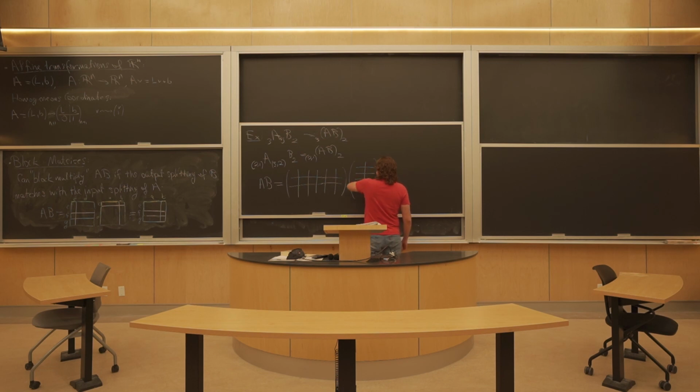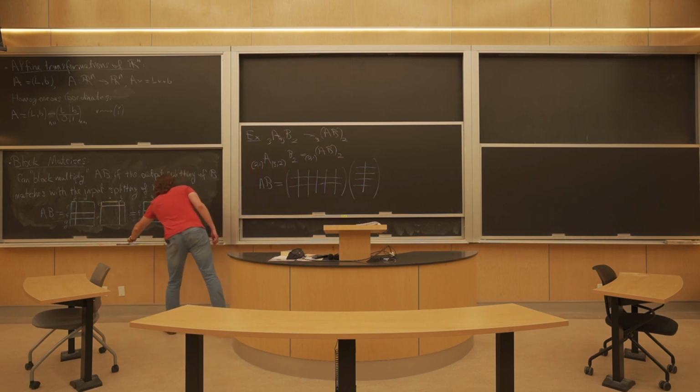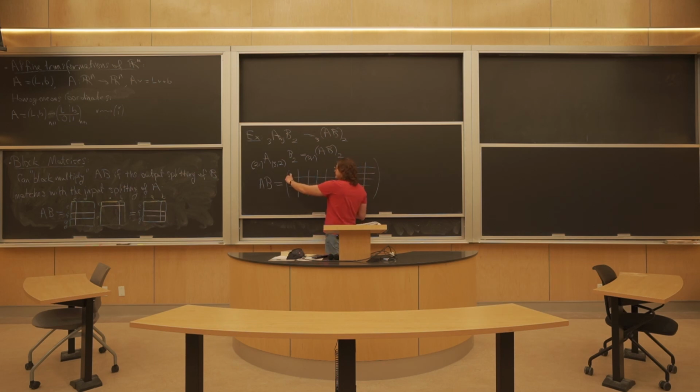It's like this. These splittings really tell me to lump certain entries of A. It is telling me first look at the first 2 and then put a separator here. And then the output is split by 3, 2, so split like this.